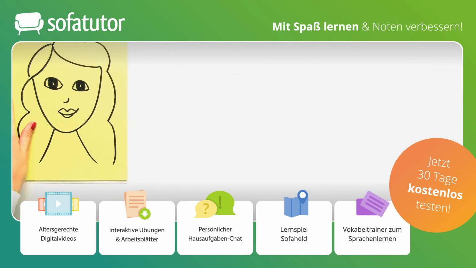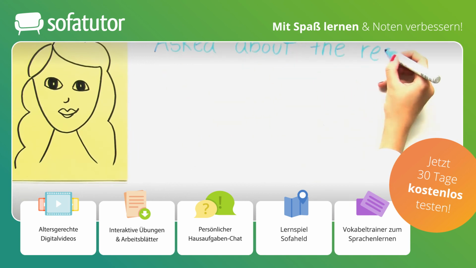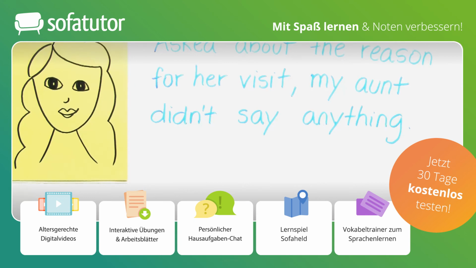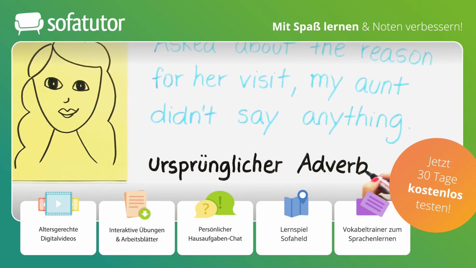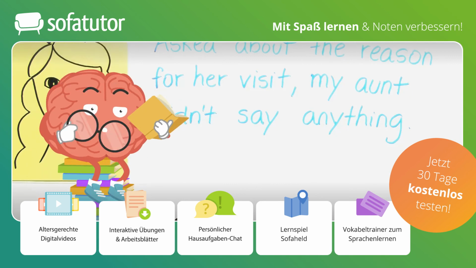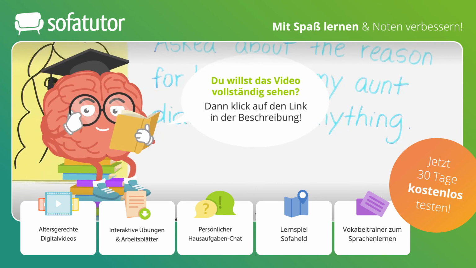Or the same here. Asked about the reason for her visit, my aunt didn't say anything. Der ursprüngliche Adverbialsatz war when she was asked and so on. Und ersetzt heißt es asked and so on.